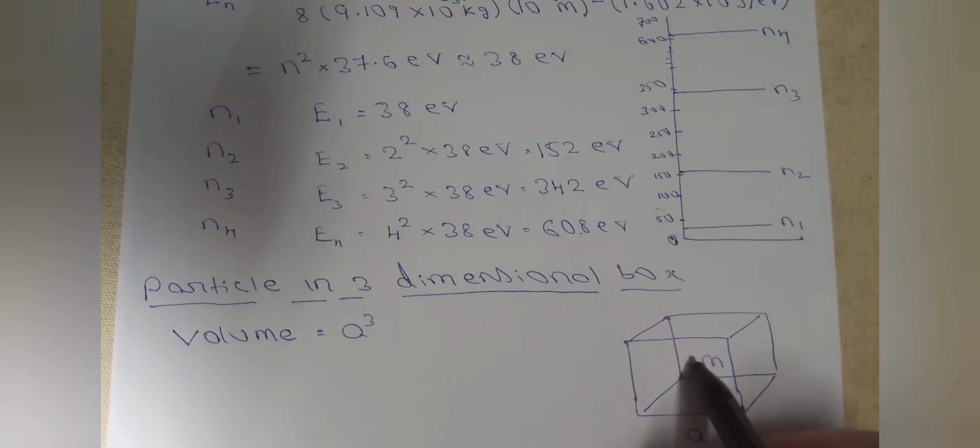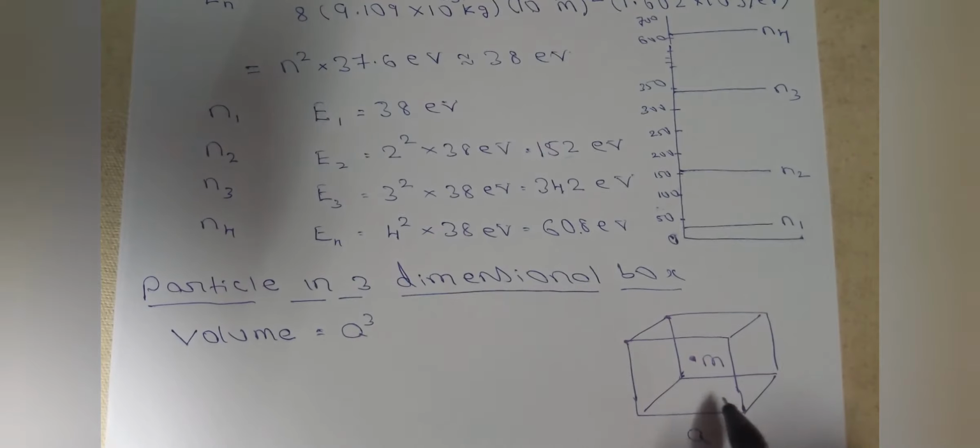Now this particle can move in 3 dimensions, that is the x-axis, y-axis and z-axis, because the box is 3-dimensional.